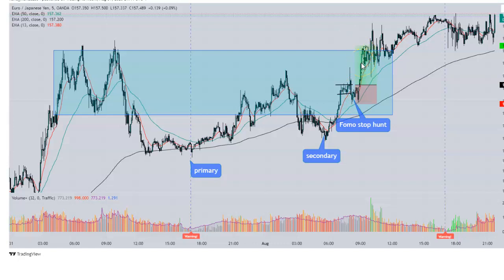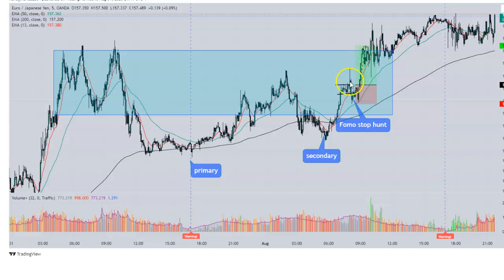Unfortunately, I did not participate in it because I wasn't very aware of this being the stop hunt. And as soon as I kept seeing it leave, I'm like, okay, that was a stop hunt there, and I didn't participate in it. I wasn't focused too much on the stop hunt. I thought they were going to come and stop hunt even further down, but that was the FOMO here.